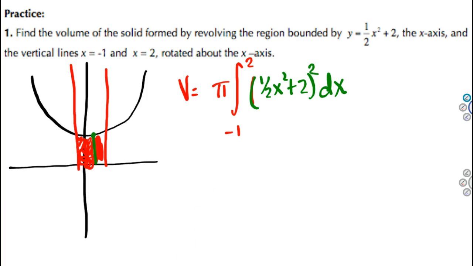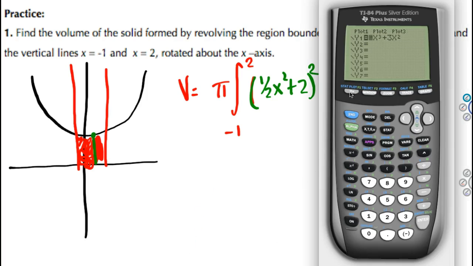So if I wanted to do this on my calculator, the first thing I'm going to do is change what's in my Y1. So I'm going to clear that out. I'm going to put 0.5x squared plus 2. Then when I go to my home screen, I can go second enter to not have to retype them back in.